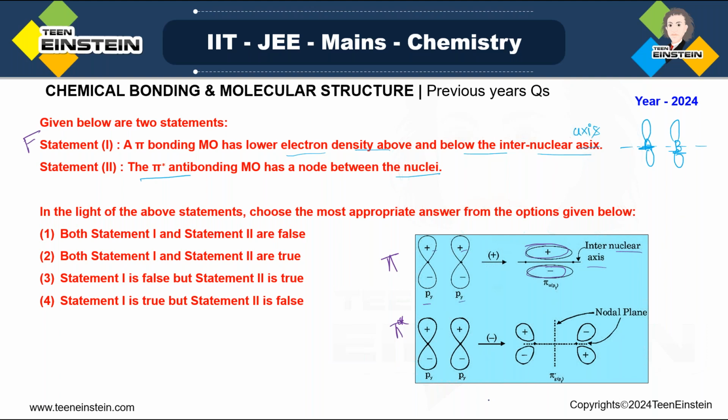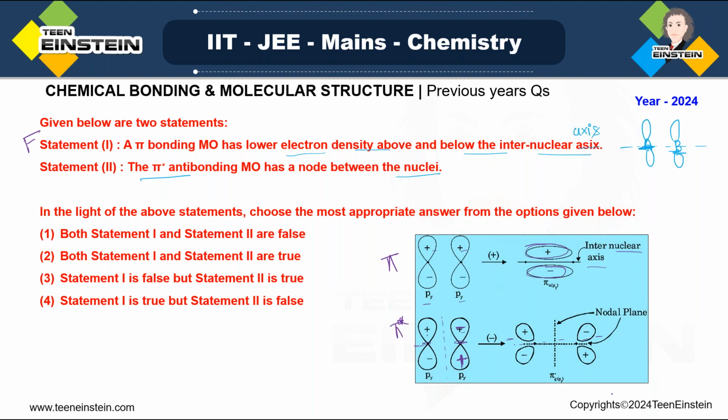Now the second picture, as it is pi star, sorry, it will be negative, it will be positive. The first picture is okay. Now as the positive sign and negative sign of this phase are not matching, there will be a node. And this electron density, as you can see, is as if shifted away from each other, right? So there is a nodal plane present here, and another nodal plane is already there, because you can see electron density is minimum at these positions.